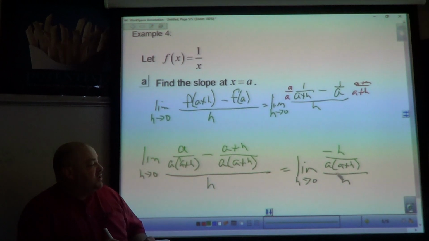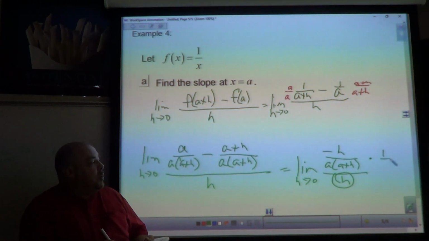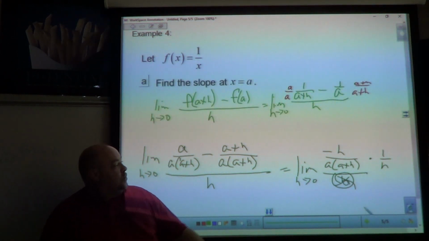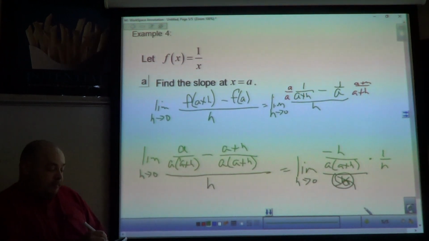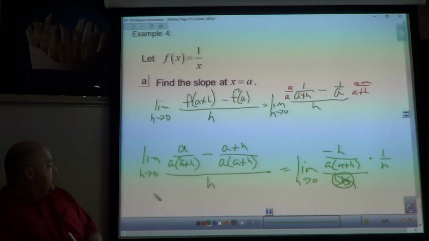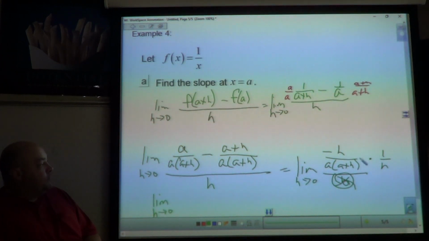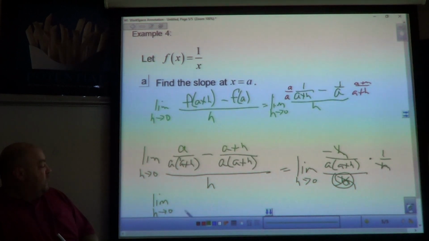So we can take this upper fraction and multiply by 1 over h. And when we do that, what do we notice? Well, these h's are going to cancel out. So we end up with the limit as h approaches 0 of negative 1 over a times a plus h.